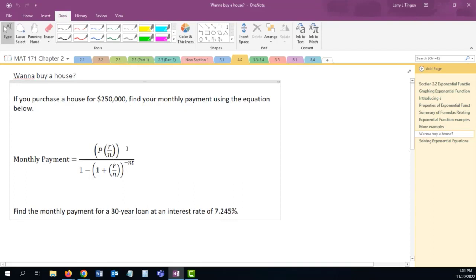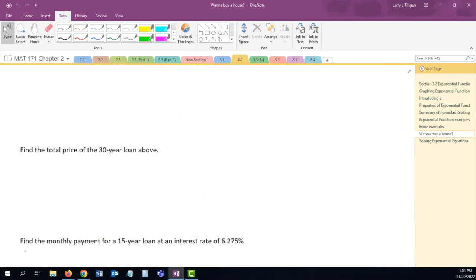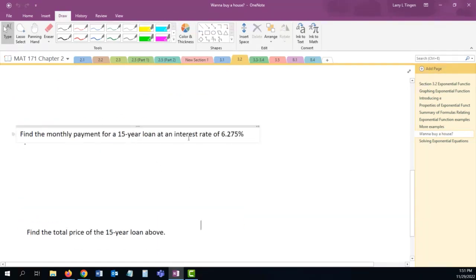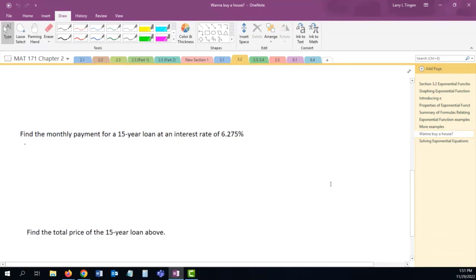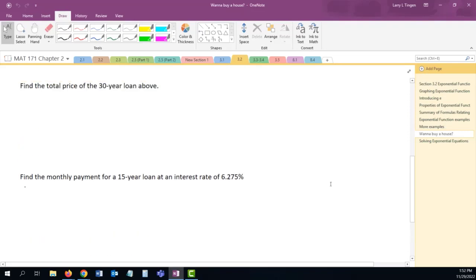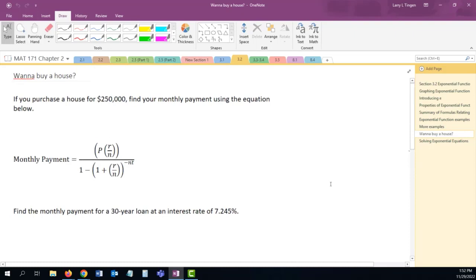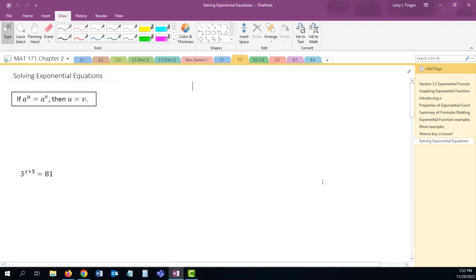You're going to borrow $250,000, and you're going to do a 30-year loan with an interest rate of 7.245, which was the interest rate when I wrote this problem a couple days ago. Then you're going to figure out how much that cost you total. Then you're going to do the same thing for a 15-year loan for the same amount. If you take a shorter loan, you usually get a lower interest rate. And then figure out the difference between taking a 30-year loan and making minimum payments, and taking a 15-year loan and making minimum payments.